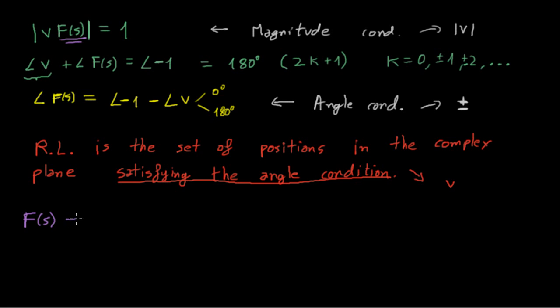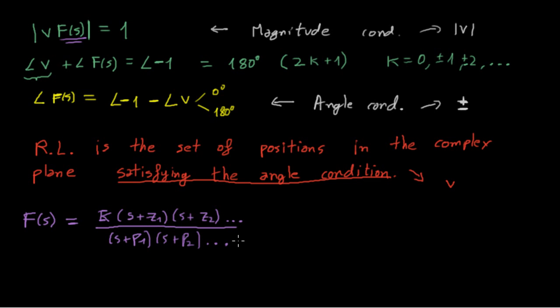So it has a numerator and a denominator, or in other words, it has some poles and some zeros, and we can find those poles and zeros, and then we can rewrite the function like this: capital K times s plus z1 times s plus z2 and all the rest of the binomials defining the zeros, over s plus p1, s plus p2, and all the binomials associated to the poles.